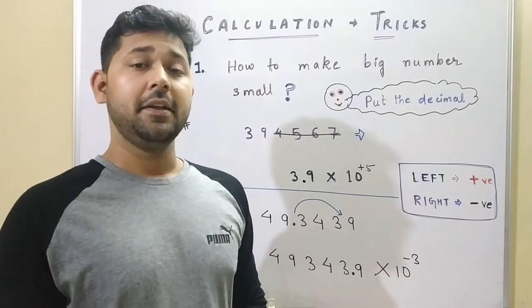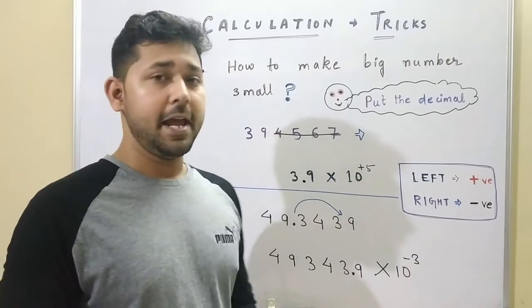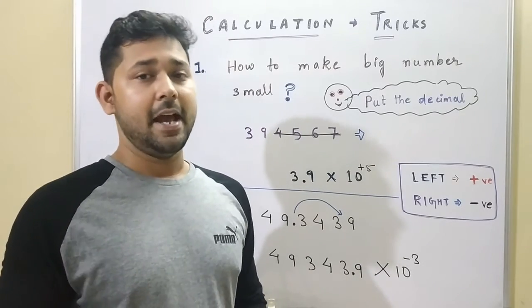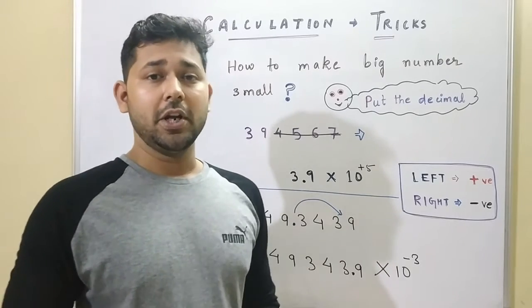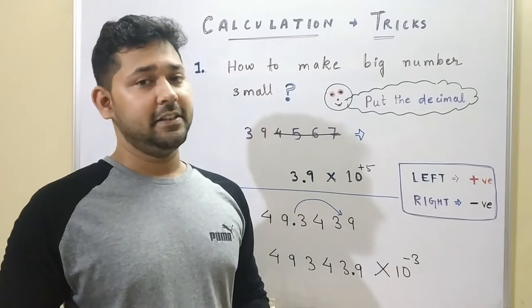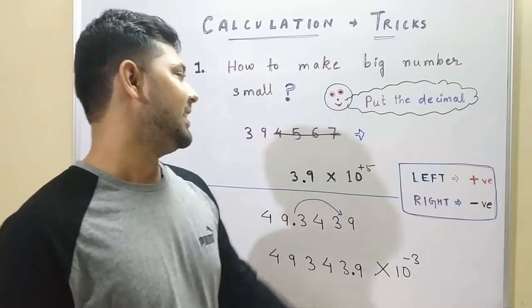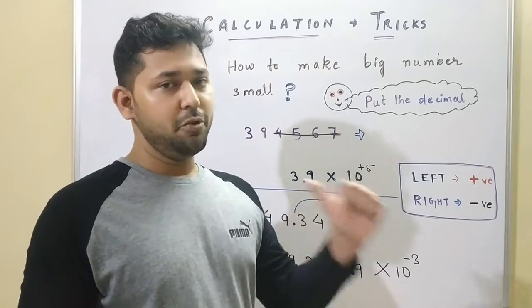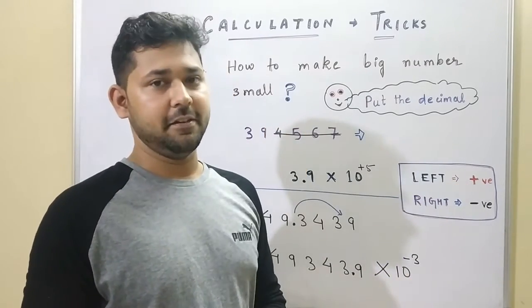You might be thinking that it is quite confusing. Sometimes I am going to put plus and sometimes I'm going to put negative. So how are we going to learn this? This is not a confusion, guys. I have a solution for it. Left: if you move left, you always have to come up with positive.